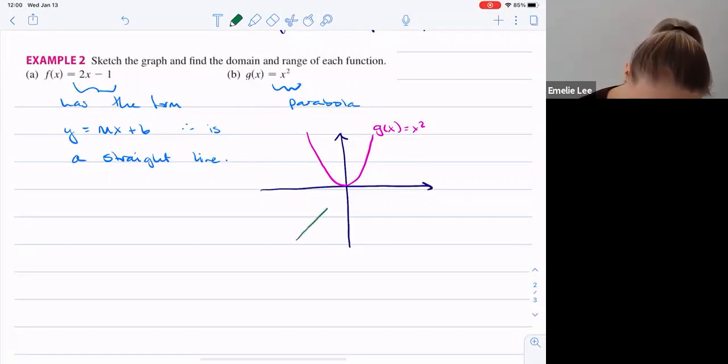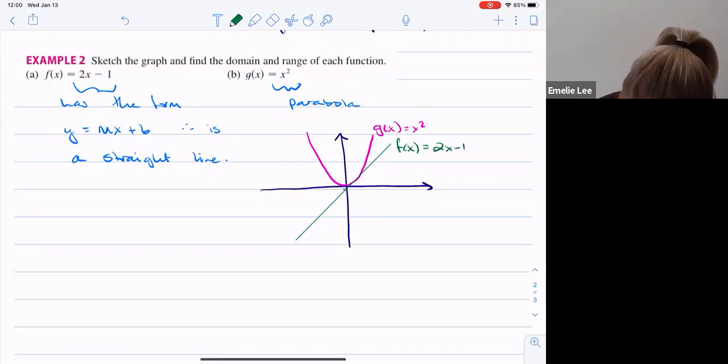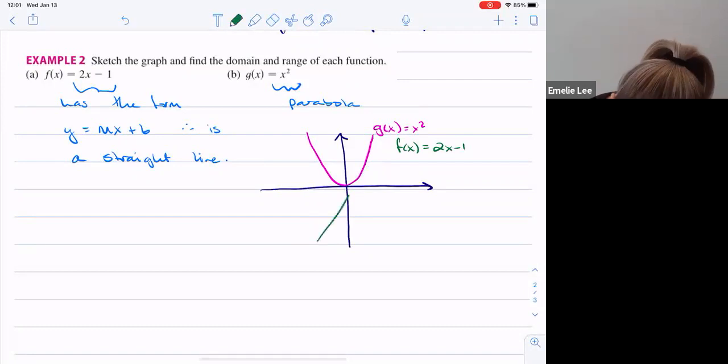I think it went kind of there. F of x equals 2x minus 1. Let's say this is at minus 1. Didn't do that very well, did I? There, that's better.